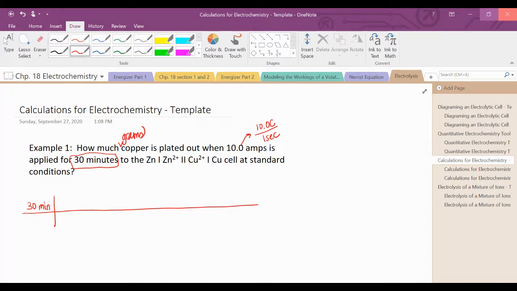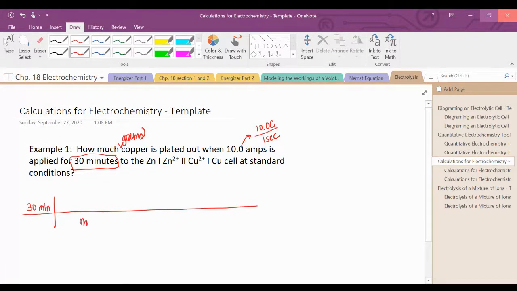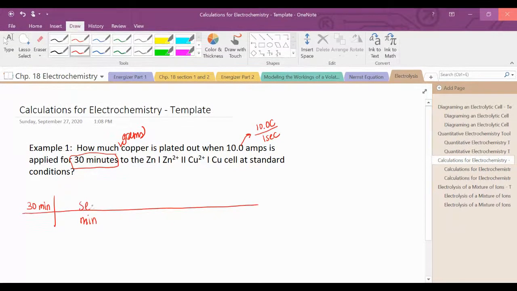So amps is looking at coulombs per second. So this means we need our minutes to actually be in units of seconds. So we're going to convert from minutes to seconds. And once I have seconds, I can use that to go to my coulombs using the current.